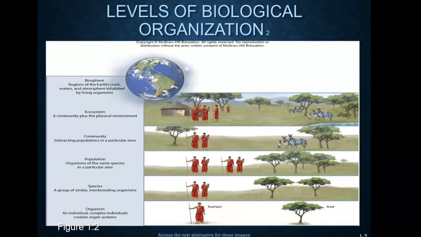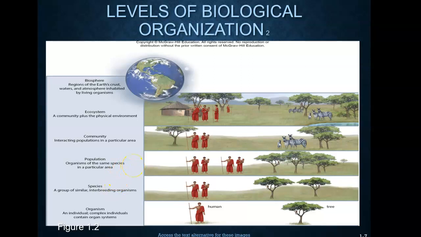And then it says when you have several organisms of the same type that are able to interbreed, then you have a species. When these species gather in a particular area, then you constitute a population.